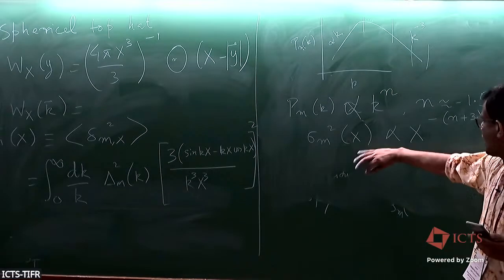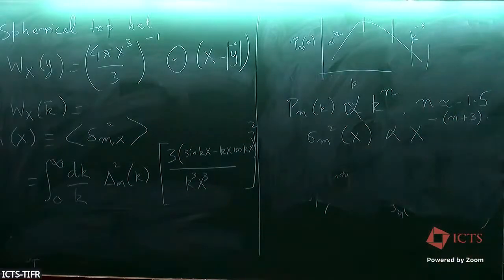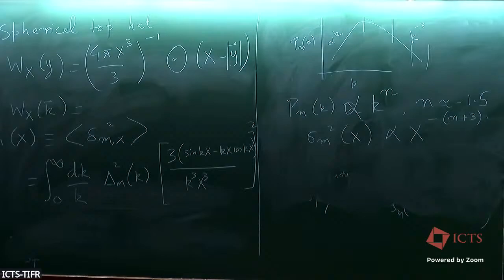So sigma, within the ranges we are interested in, is a monotonically decreasing function of x. When you are averaging over almost the whole of the universe, this goes to 0. And at small scales, there is a lot of dispersion.